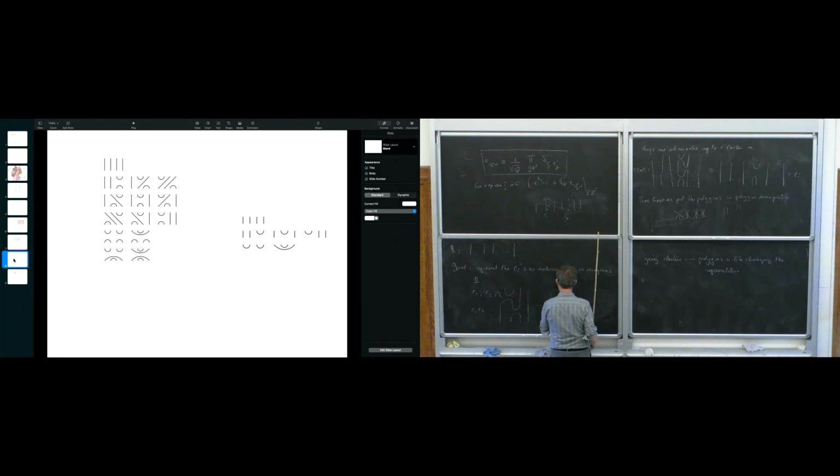So this diagram is in fact this one. That's the one here. Okay, so this is E1, E2. In fact, all these I can express as words in the algebra.